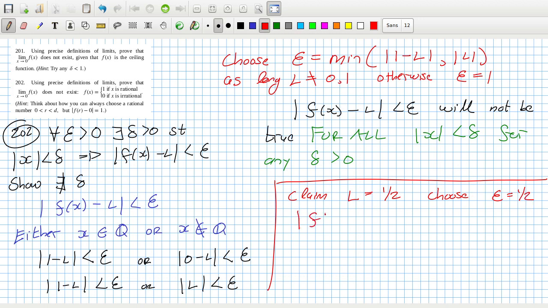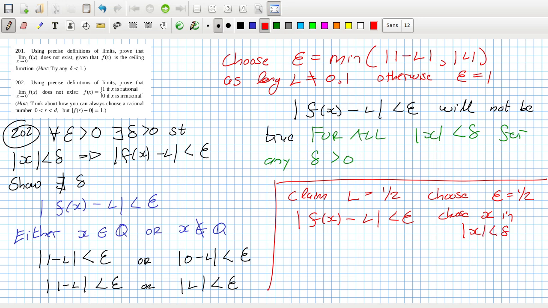So when you have f(x) minus L less than epsilon, this should be true for all x within the interval of delta.